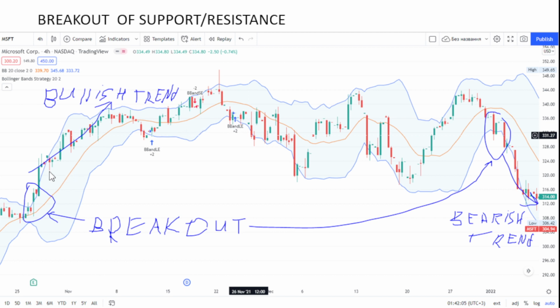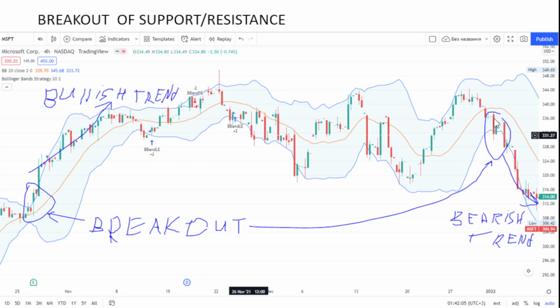Of reverse trend formation. We can see it on this graph here and here. Here we form a bullish trend, but here we form a bearish trend.